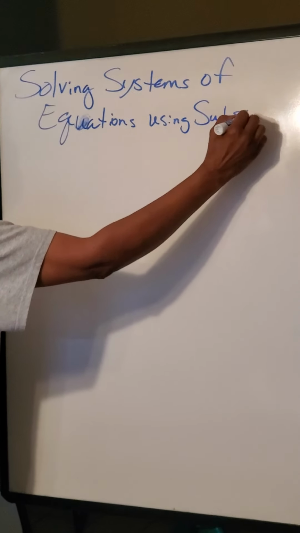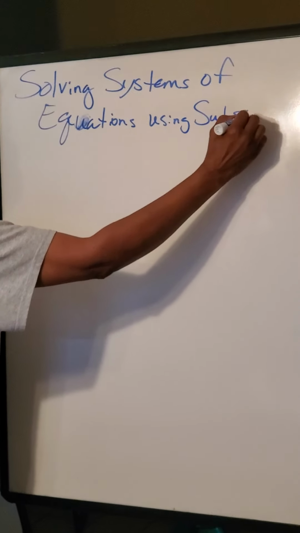If I had y is equal to 4x minus 6 and y is equal to x plus 3. Now with a system of equations, you will have 2 or more equations that are written with 2 different variables, okay? So what I'd like to do is find out what the value of x is and what the value of y is.